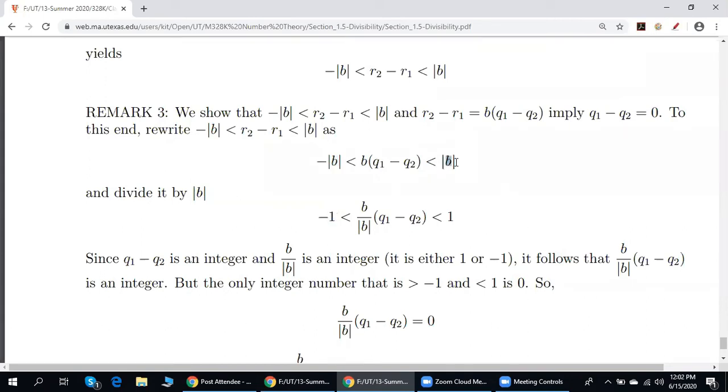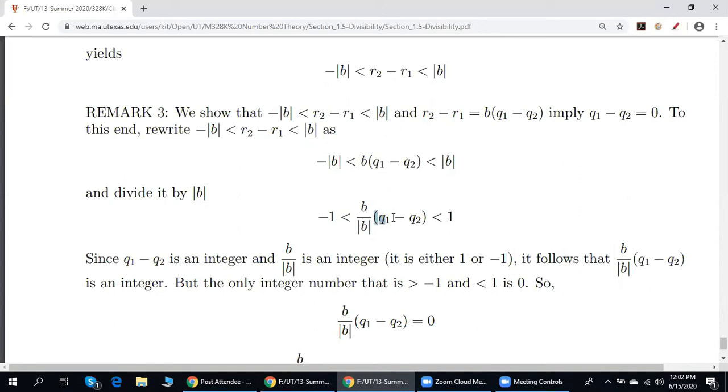Absolute value of b divided by absolute value of b is 1. And lastly, here we get the following. B divided by absolute value of b times q1 minus q2. As we discussed, b over absolute value of b is an integer which is equal to either 1 or -1.